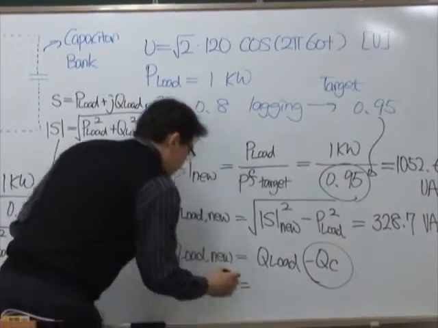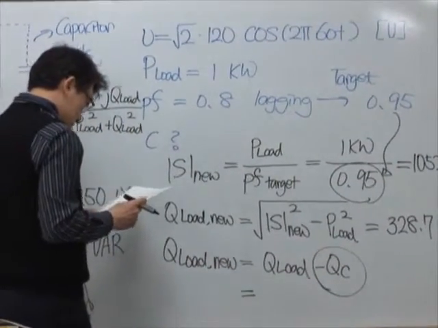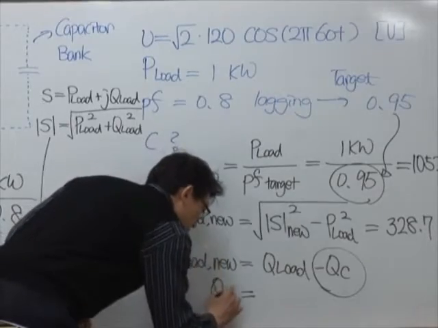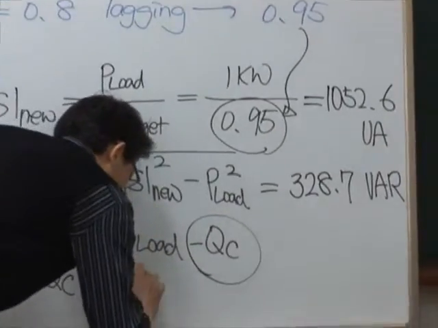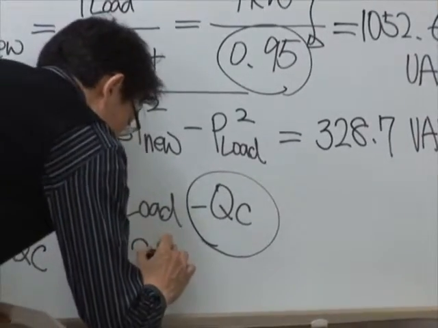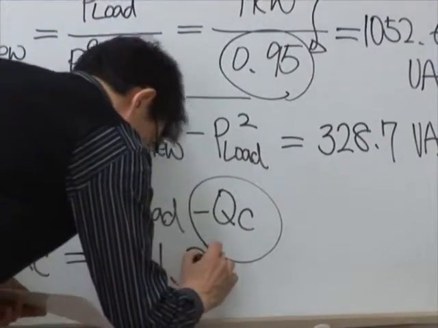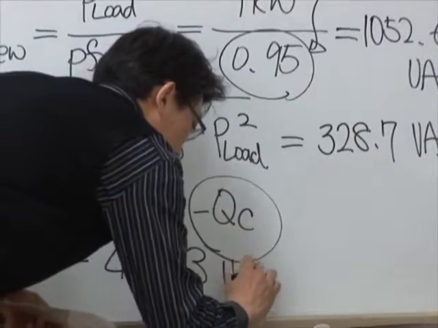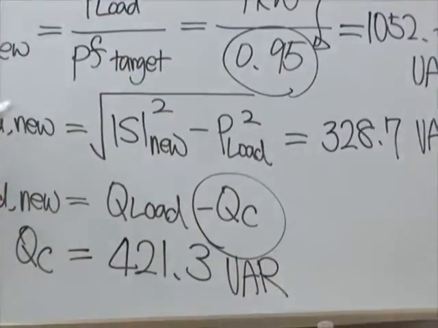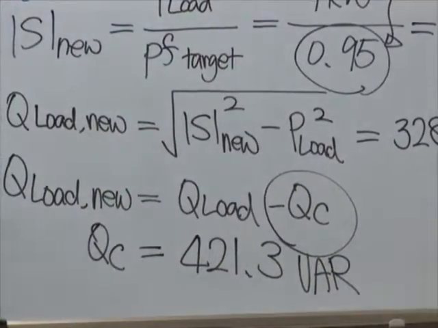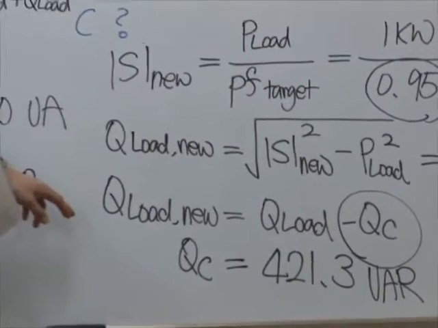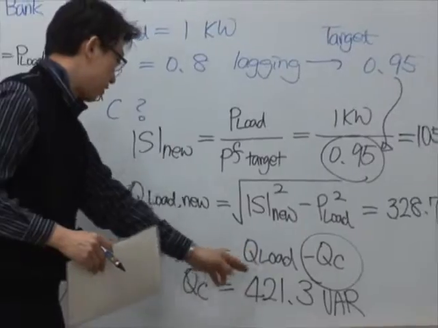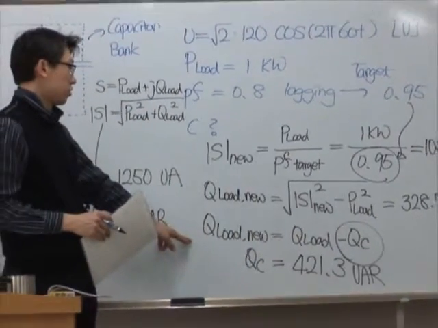And this, now QC becomes 421.3 bar. Why? Because QC is equivalent to Q load minus Q load new.